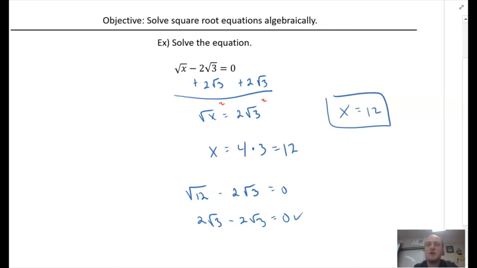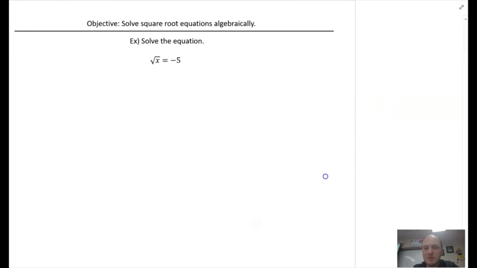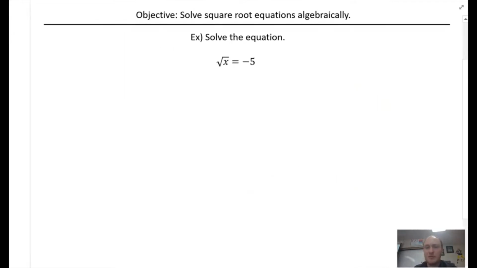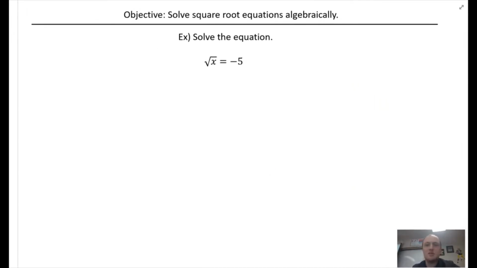So these are all linear examples, where my radicand, the variable, is linear. Check this out. Here's a kind of weird situation. When I square in example 3 here, we get x is equal to 25. Note that I squared a negative.